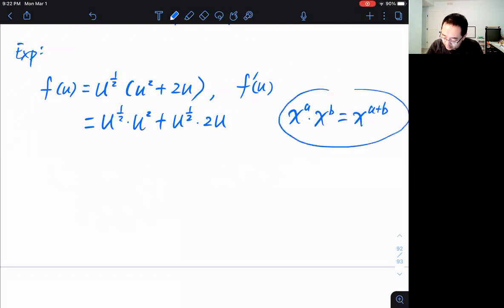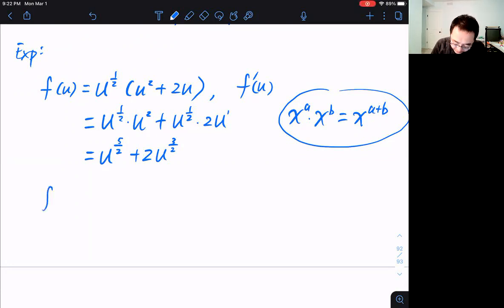That is a rule we learned a long time ago from algebra. So this becomes u raised to the 5/2 power plus 2 times u raised to the 3/2 power, because you're just adding these powers together. And remember, 2u is 2 times u raised to the first power. That's where we got the 3/2.